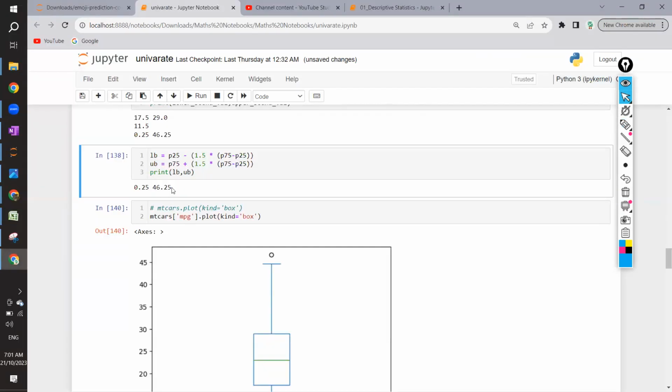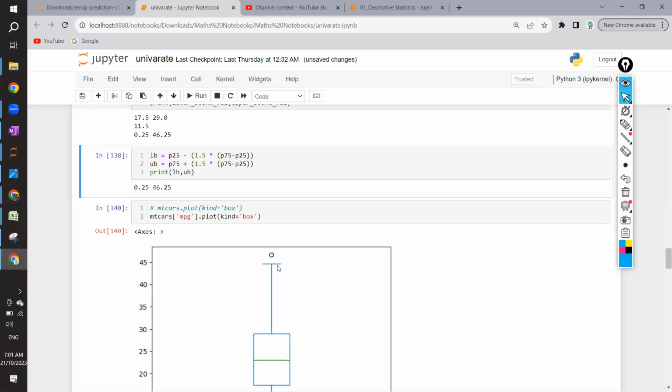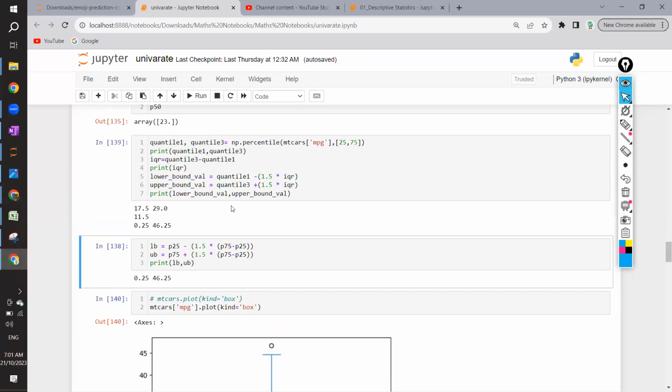And how many values are there greater than 46.25? One value. So that's why you can see this one dot over here. Agree? Is this clear, guys?